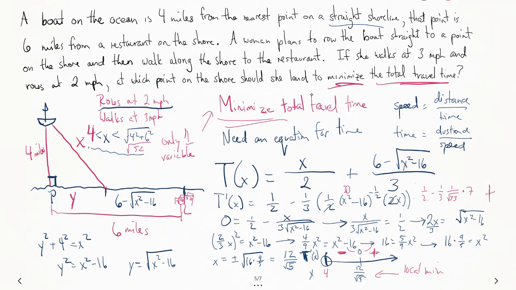Okay, so that's the x value, but we want to know at which point on the shore should she land to minimize that value. Okay, so we have 12 over square root of 5, we just plug that back in into our y. So y equals the square root of 12 over the square root of 5, the quantity squared, minus 16.